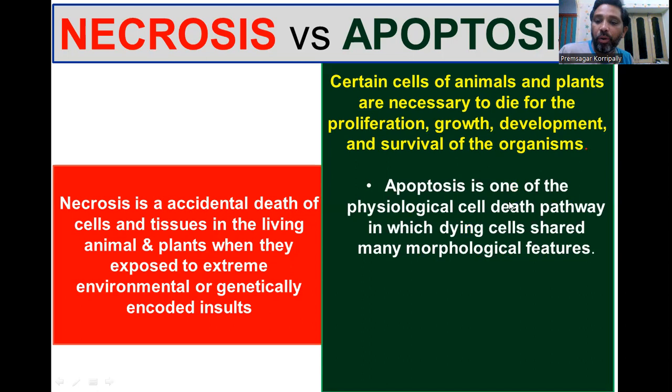You see, apoptosis is one of the physiological cell death pathways in which dying cells share many morphological features. The cells which are dying through apoptosis have common morphological features.